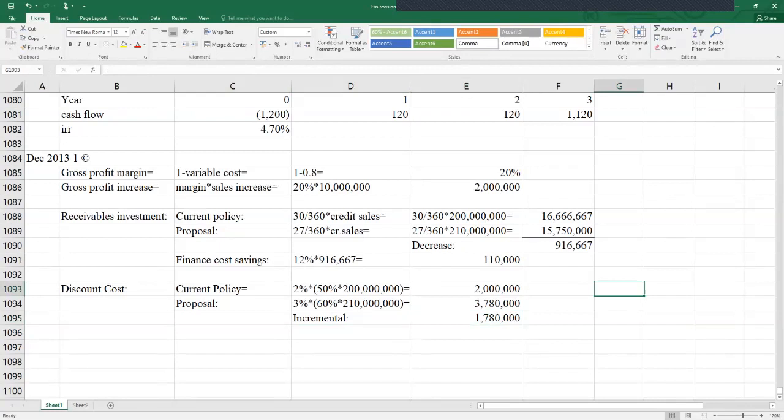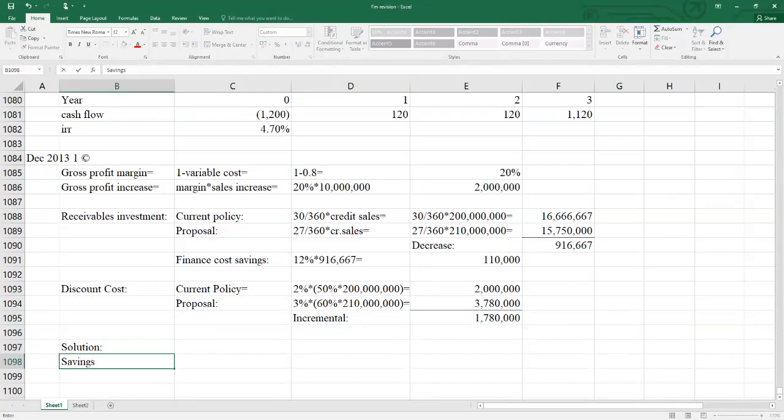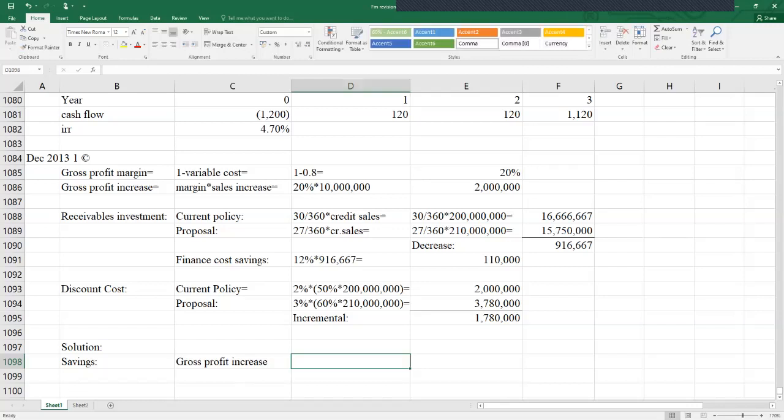Anything else? And that is it, guys. Anything else? Okay, looks to be an easy question. Now we can have our solution here. So we can begin with savings. In savings here, we have the gross profit increase, which we have already done, equal to 2 million.